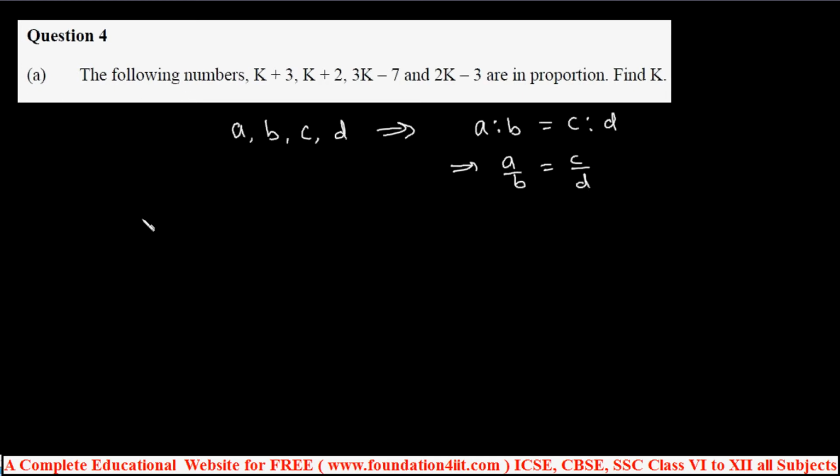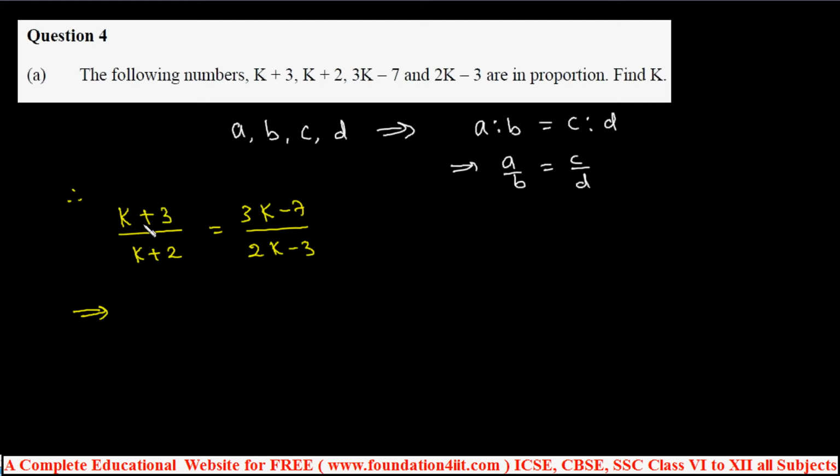Same rule you can apply for this. K plus 3, k plus 2. That means k plus 3 divided by k plus 2 is equal to 3k minus 7 divided by 2k minus 3, because these are in proportion. So you can do the cross multiplication and find out.